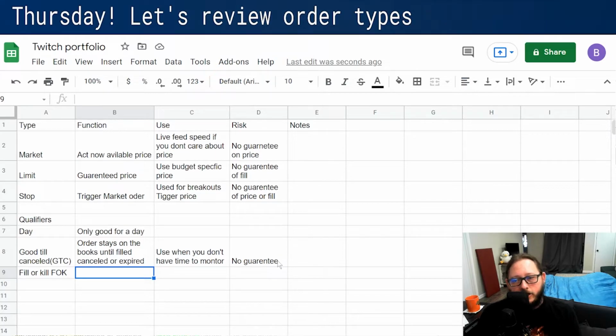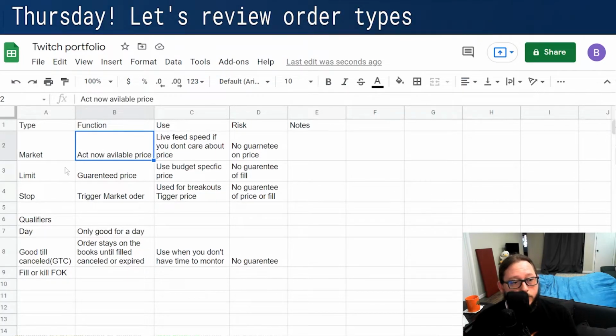So this is a good qualifier to put on if you've got a market order in a market that's moving really fast and you're concerned about getting an appropriate fill. Also, it could be used if you suspect that a stock is nearing a market halt situation and you don't want to get in before the halt triggers. You could do fill or kill as well.